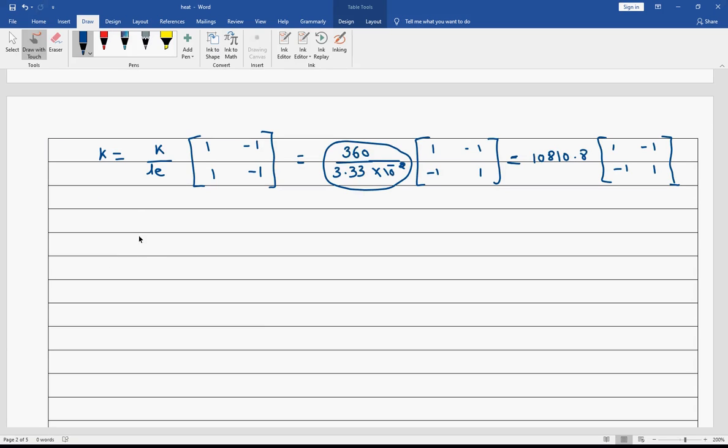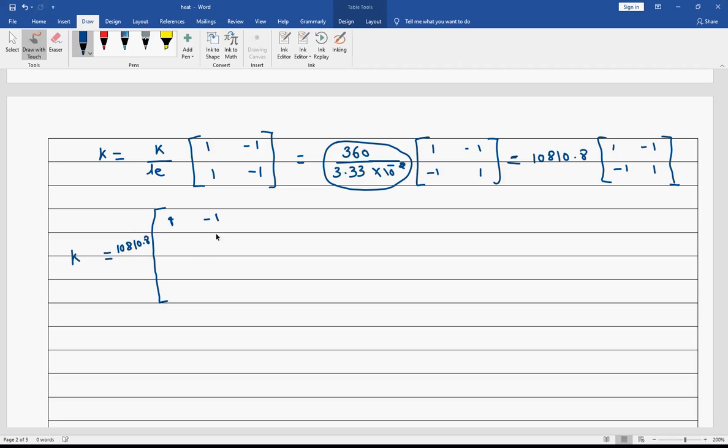Therefore my global stiffness matrix is 4 by 4. 10810.8 will be common.